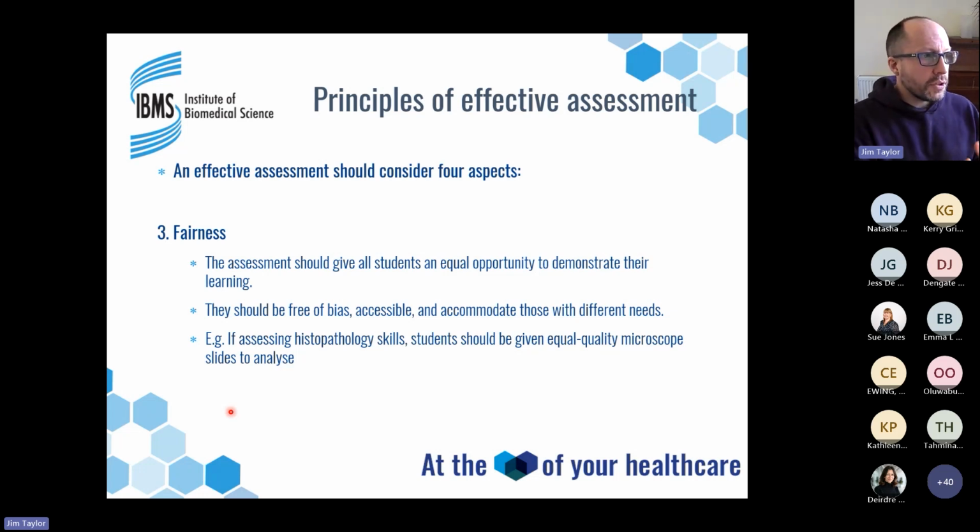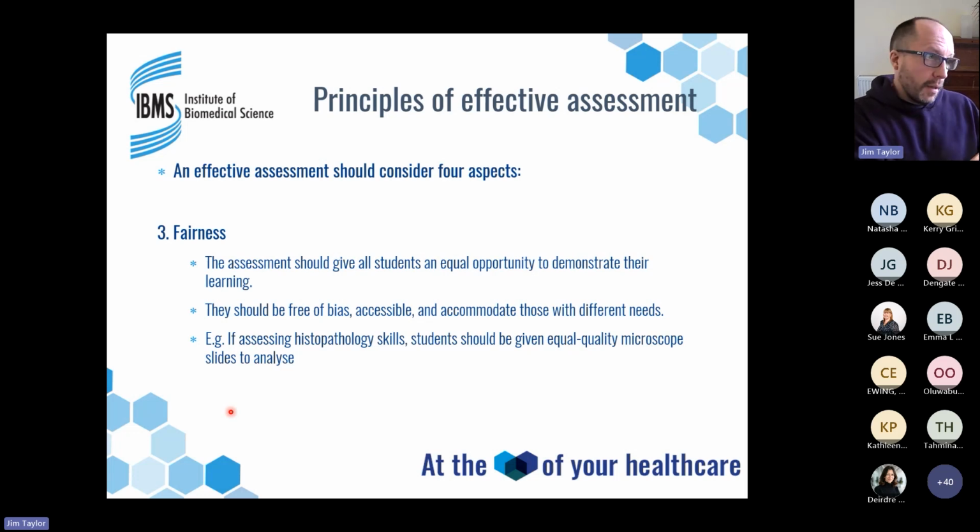It's really important as well to make sure that for an assessment to be fair, that it's free from bias. So if you do quite a lot of interdepartmental training, make sure that when you're giving an assessment to a student, that you're not asking them to do something that they can't do because they don't do it in their discipline, or because it's not something that they're expected to do in their particular job role or something like that.